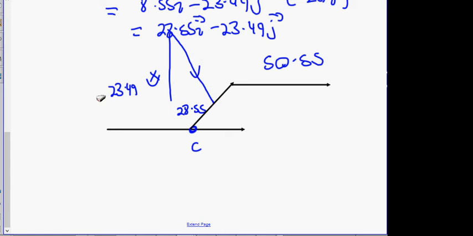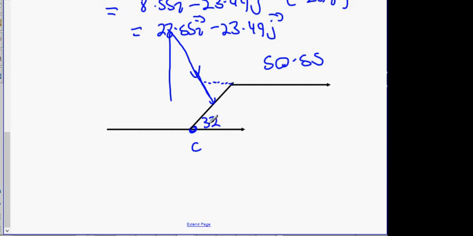Okay, so just give me a second here. We don't need those numbers anymore. So this here is 32, isn't it?